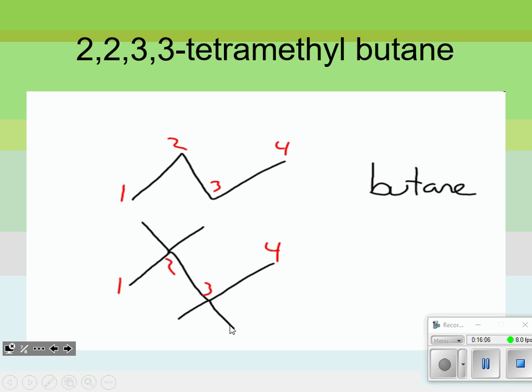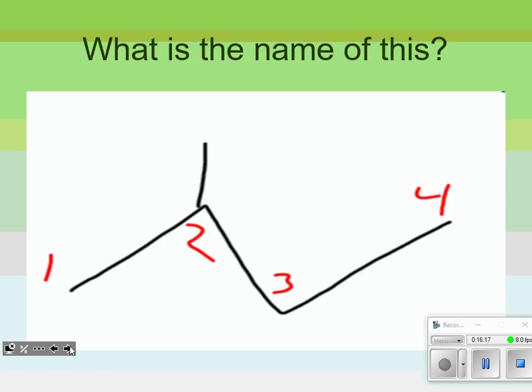So again, this is 2,2,3,3-tetramethylbutane. Typically, when you draw out line angle, you do not have to actually number it. I simply put the numbers on there to help you in trying to name it.